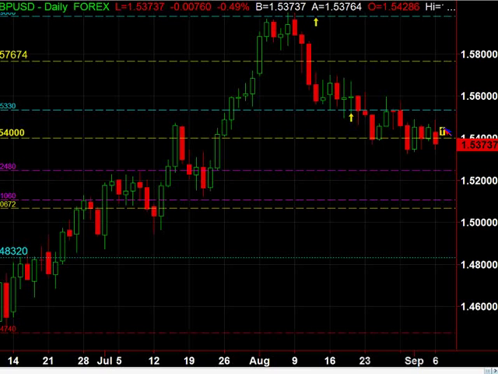Whenever we see momentum on any pair, I wonder how to take a momentum trade on it. It's a big question, Leon. You want to be trading in the direction of the momentum.